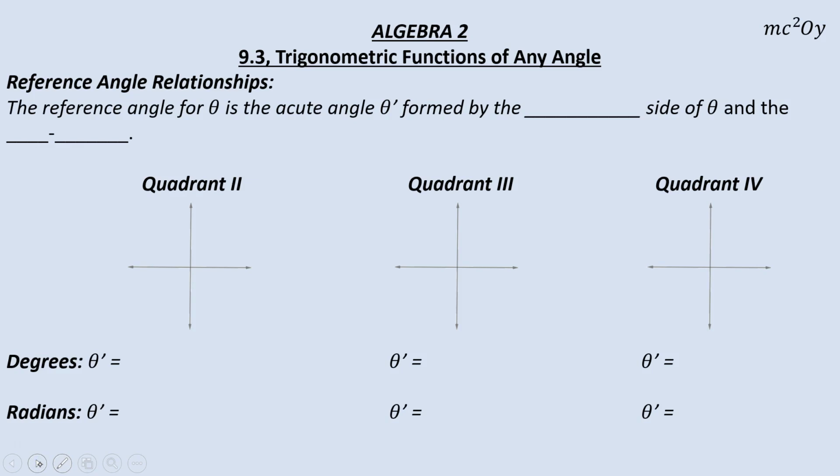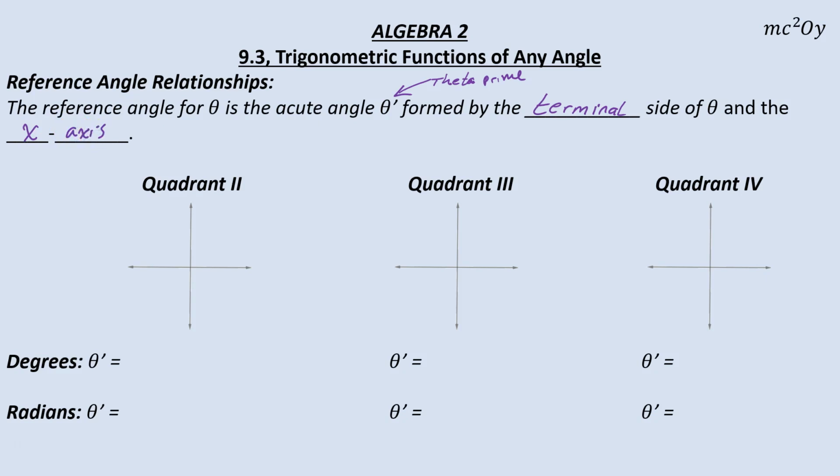Okay, let's talk about reference angles. And I've actually said them a few times in here, but let's actually define it. A reference angle theta is the acute angle theta prime formed by the terminal side of theta and the x-axis.